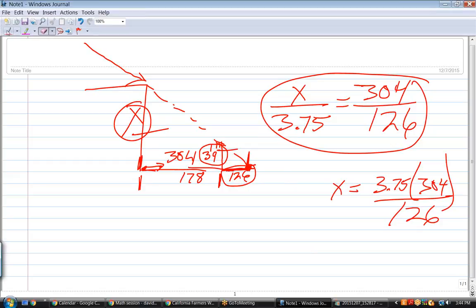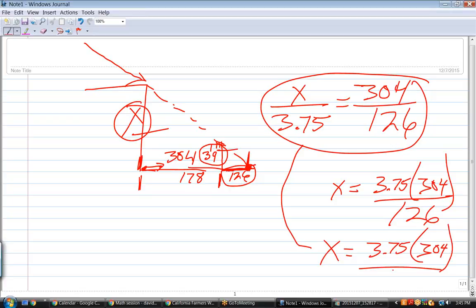Now notice that if I begin the problem without cross multiplying, but merely multiplying both sides by 3.75, I have my answer in one step. So just because you can cross multiply doesn't mean you should.